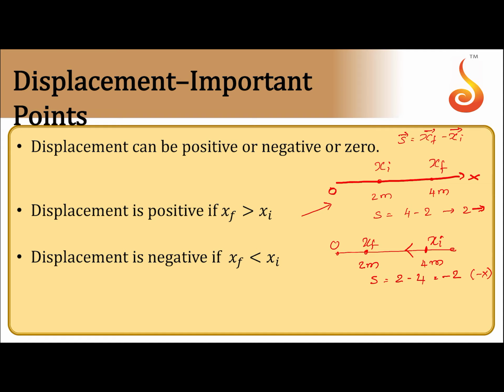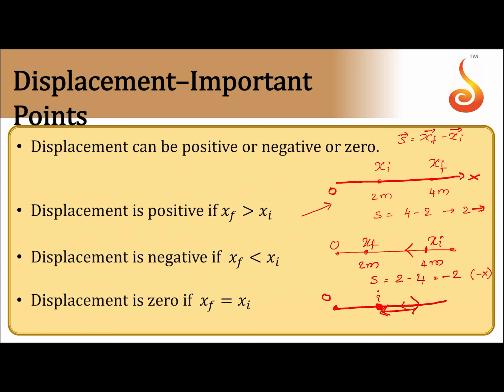Can the displacement be 0? Let us see. If xf is equal to xi, it can be 0. For instance, here the particle begins the journey from this position, it goes along this path and it returns along this same straight line path.